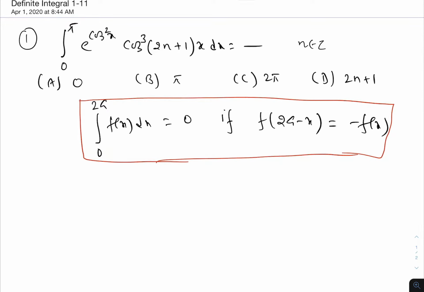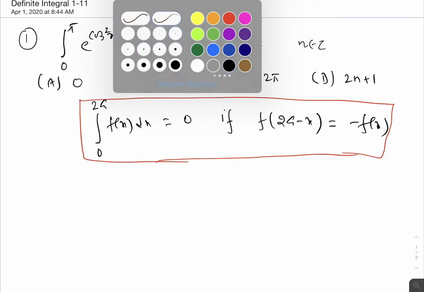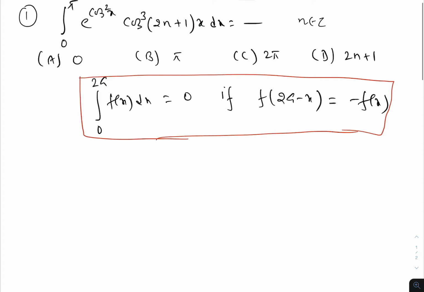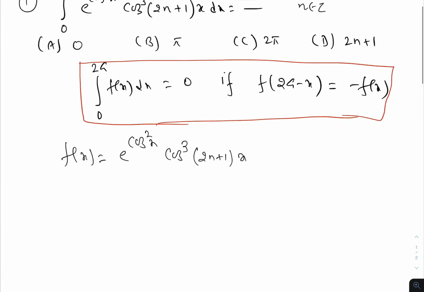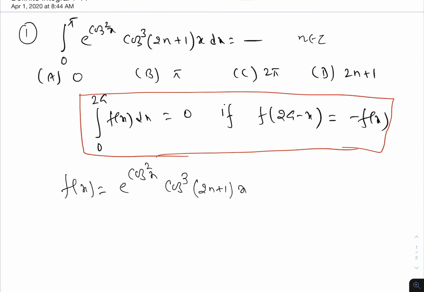And see, in this example our f of x is e power cos square x, cos cube (2n plus 1) x, and 2a is pi here.